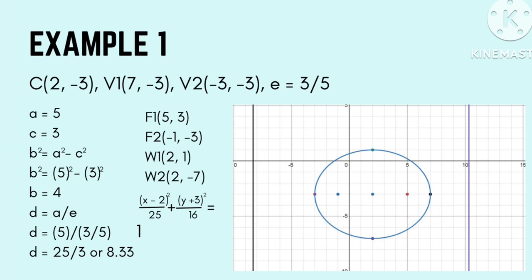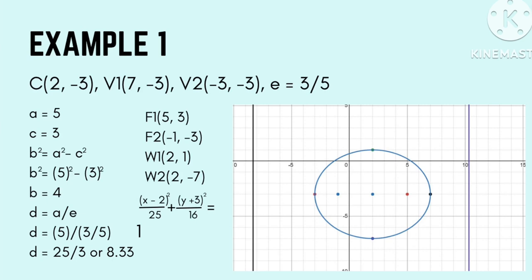If we plot all of the findings, we can arrive at F1, which is 5 and 3. This can also be solved because if we add 3 to our center, it will result to 5. So we have 5, 3.